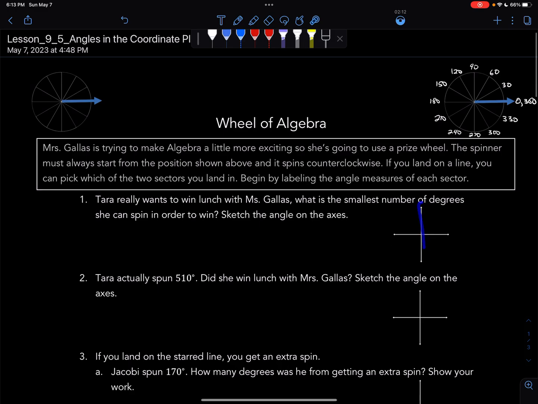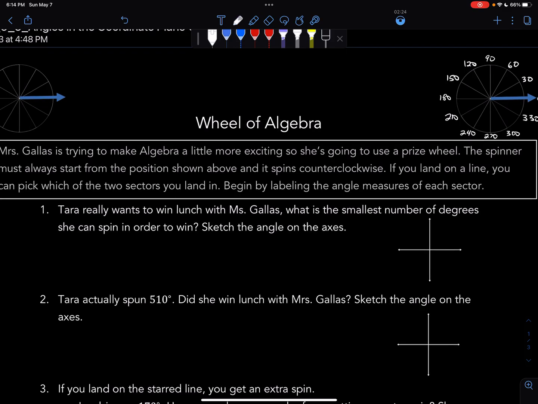As we can see here, our coordinate plane. For instance, this first question talks about this student Tara wanting to win lunch with Miss Gallus. And they just come up with the fact that she spun the spinner 150 degrees. So we're just going to talk about 150 degrees. So again, 0 degrees starts here on the positive x-axis.